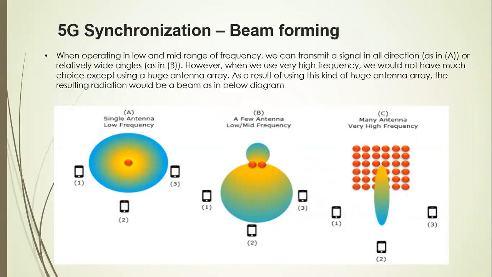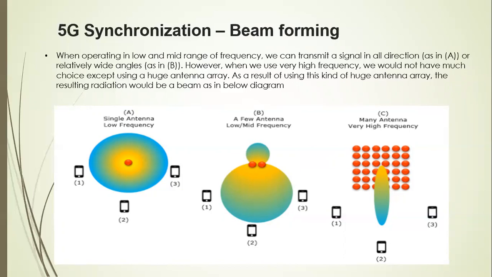So hence in 5G, the beamforming concept is widely used, and in fact you cannot avoid this, because considering the frequencies that we are going to operate, beamforming is the only option to provide the coverage and to utilize the spectrum to the maximum extent.